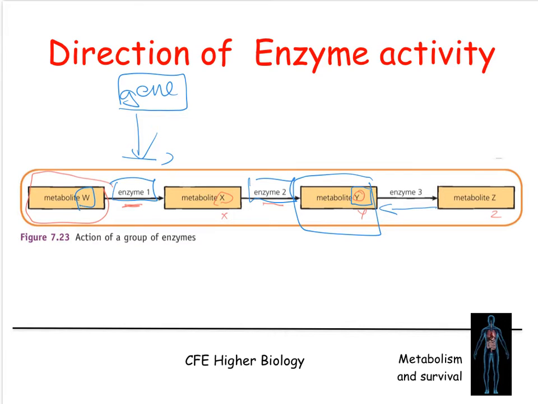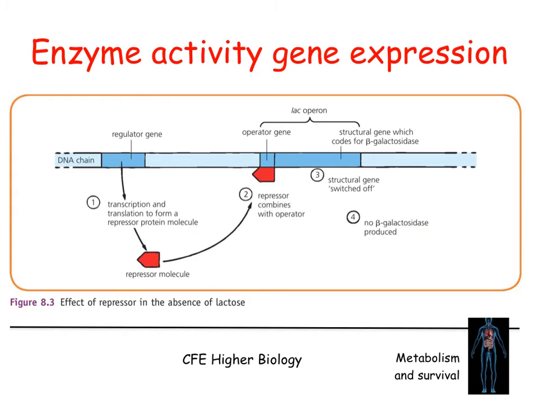So what we're going to be looking at are some pathways that only need to operate in certain circumstances. And to prevent enzymes being produced when they're not needed, genes can be switched off or switched on. An example of that is looking at something called the lac operon in E. coli.